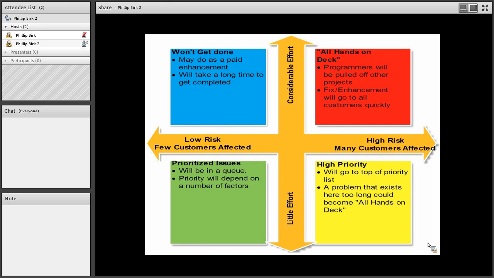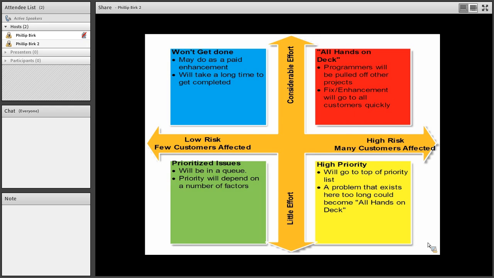Then going on the y-axis, it's the amount of effort, and they are really going to be driven by this. So think about what that means. If you have something that's low risk that is going to take a lot of effort, that's that blue square. That's probably something that won't get done.